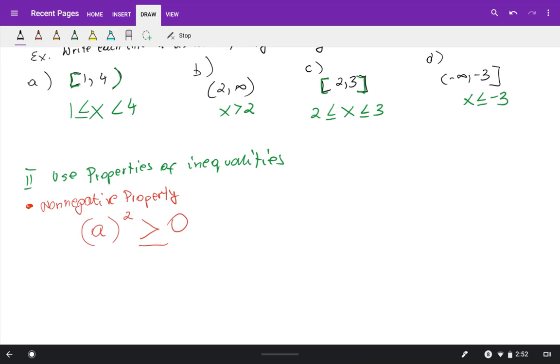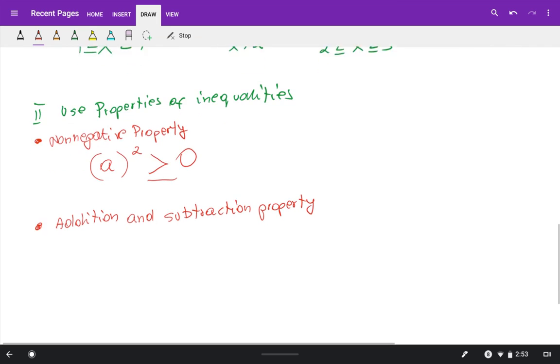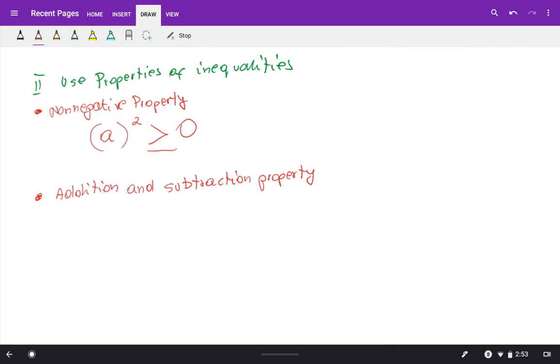The next one, I'm trying to make a quick shortcut, addition and subtraction. I will put them together. The next one will be addition and subtraction property. I would just write this down because it makes more sense.